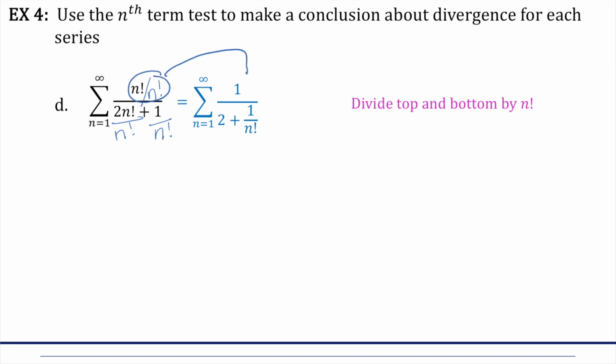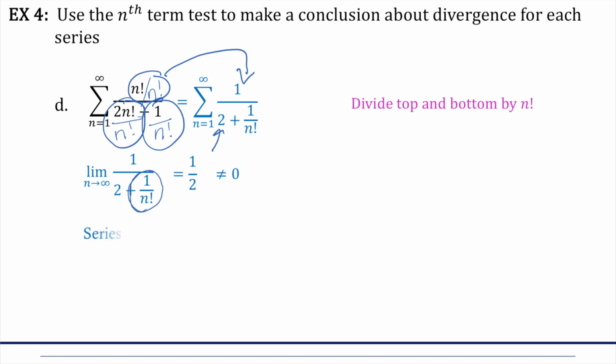This I can reduce to 1. This goes to 2. And then 1 over n factorial. As n approaches infinity, what does this go to? It goes to 0. So this whole thing goes to 1/2. Okay, that's not 0. This guy diverges by the nth term test.